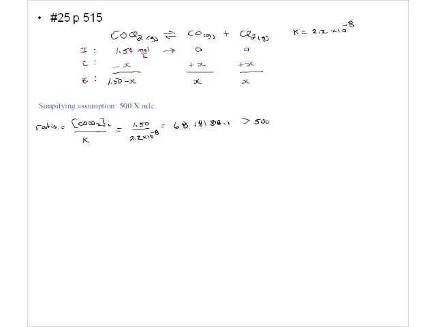And what we end up getting is 68,181,818.1. And that's very, very much larger than 500. So if it's greater than 500, we're in good shape. If it's greater than 500, it's insignificant. It makes no difference to the 1.5.